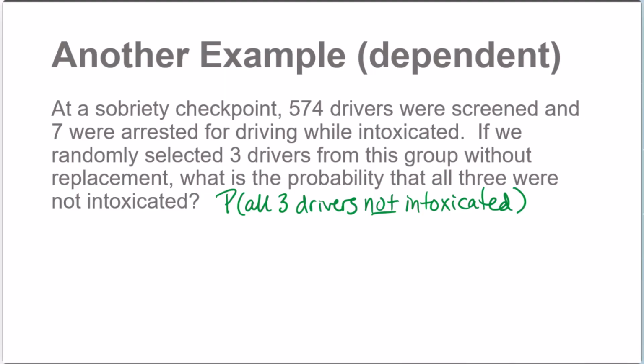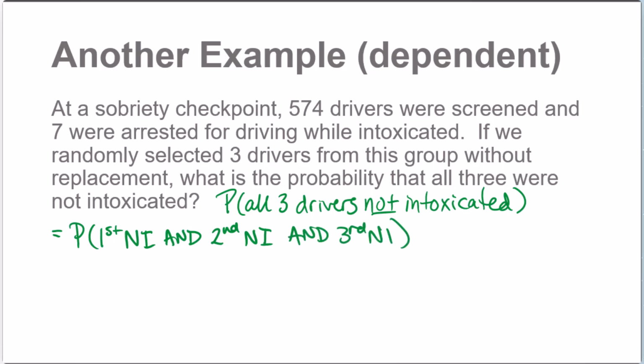I don't want to write all that out, but I'm just going to write here probability first not intoxicated, I'm abbreviating this NI, and second not intoxicated, and third not intoxicated.